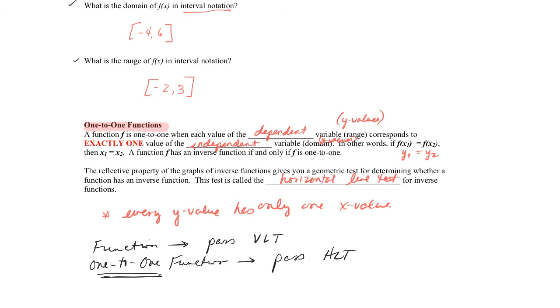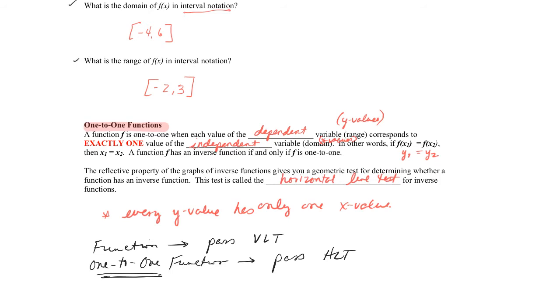Just like the vertical line test means it can only cross the graph in one point, otherwise it fails, the horizontal line test means when you draw a line horizontally, it can only cross the graph in one point, otherwise it fails. It's the same idea if you remember back in geometry class, that it's much easier to be a rectangle than it is to be a square. Every square is first a rectangle and then a square. Every rectangle is not a square.